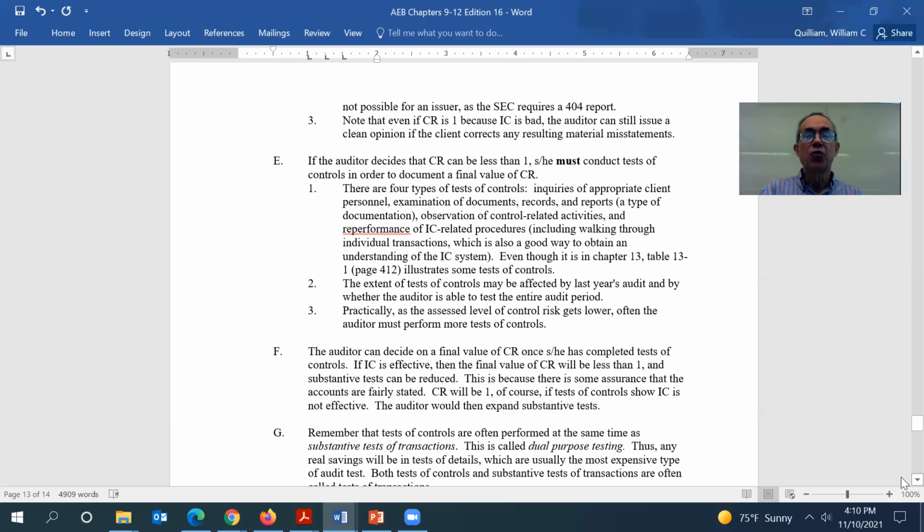Well, the extent of test controls may be affected by last year's audit, because last year we probably got a good indication of what internal control is going to be like this year. We may be able to get by with not conducting as many test controls. It is also affected by whether the auditor is able to assess the entire audit period or not. If we cannot test the entire audit period, that may mean that we have a scope limitation.